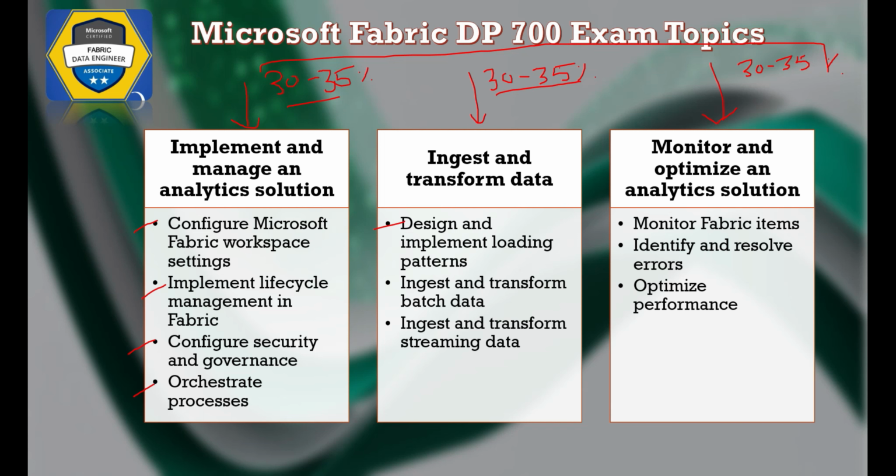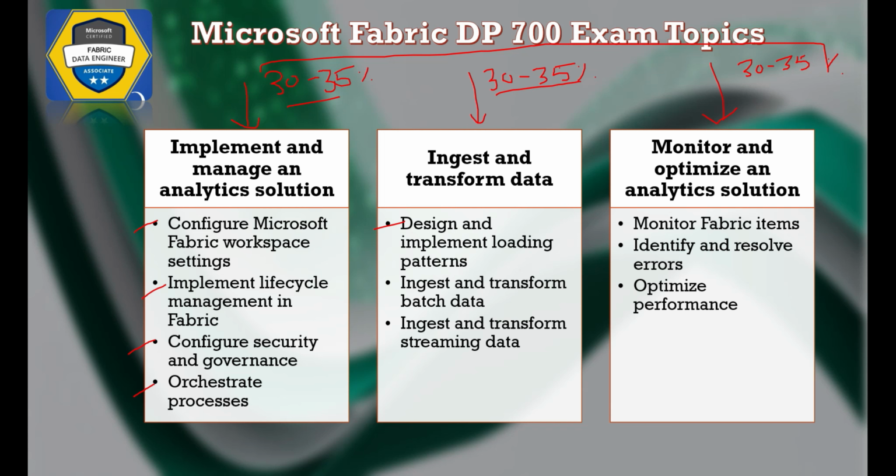What that means is you need to understand the concept of full load and incremental load, and also the concept of loading into a dimensional model, like a star model, where fact and dimension tables are there. You need to understand the concept behind those models when it comes to Fabric, and also loading patterns for streaming data.